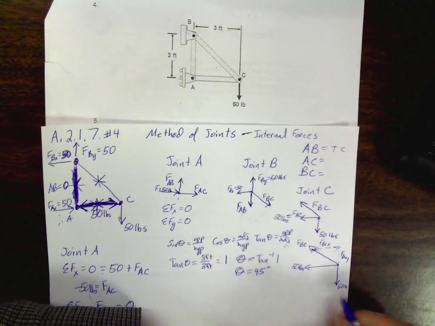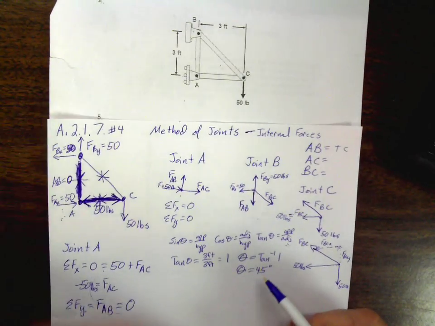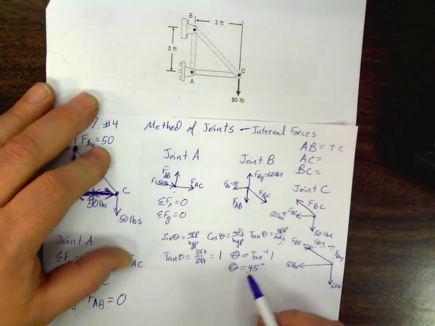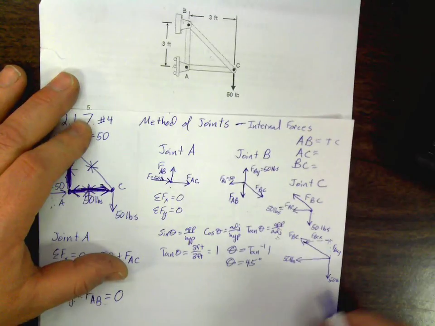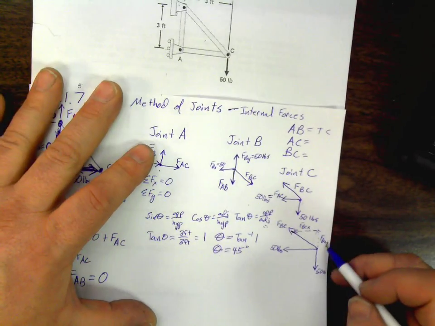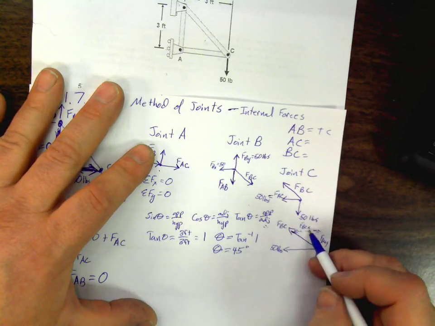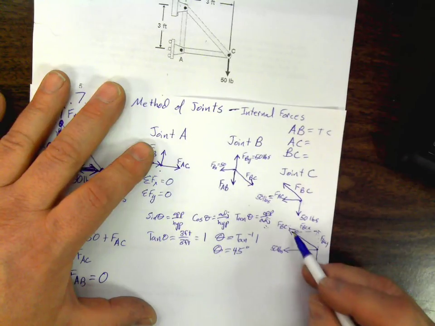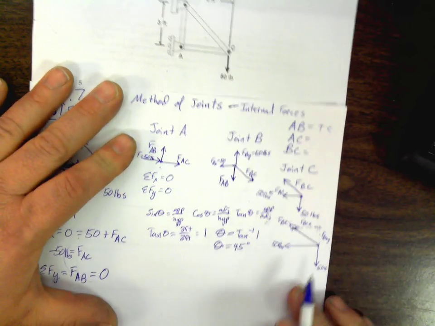So if we look at it using the sine of 45 degrees equals f of BCX over f of BC, f of BCX equals f of BC sine of 45 degrees.